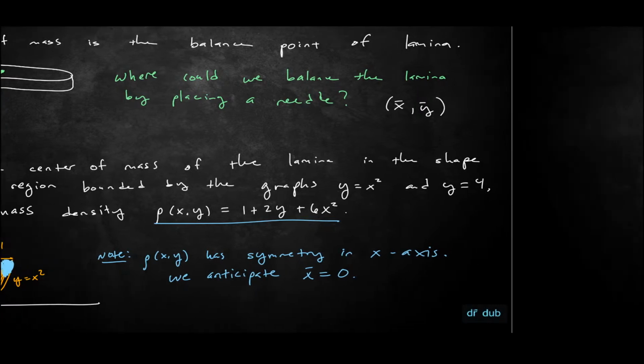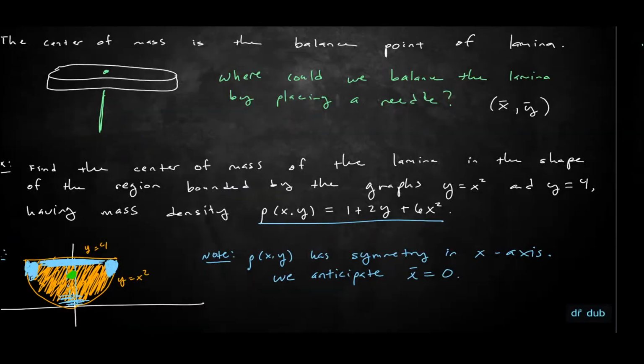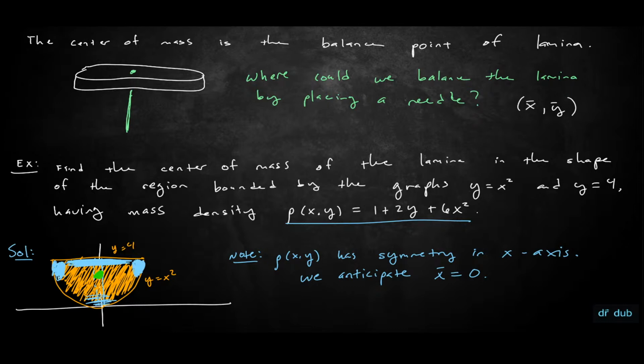The mass M is going to be the double integral over the region R of rho of x y dA. I have to find the bounds for this region, so let's set it up as type 1 bounds.